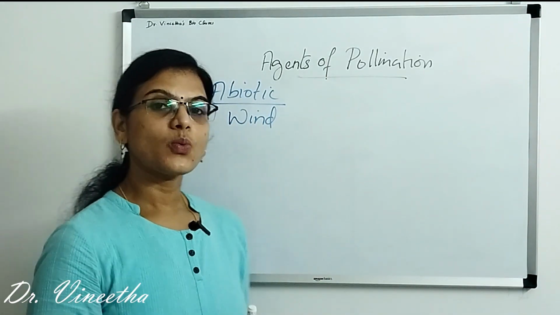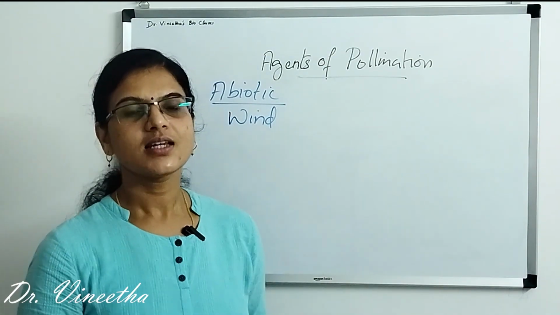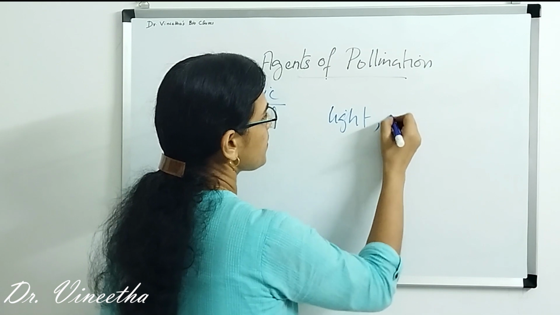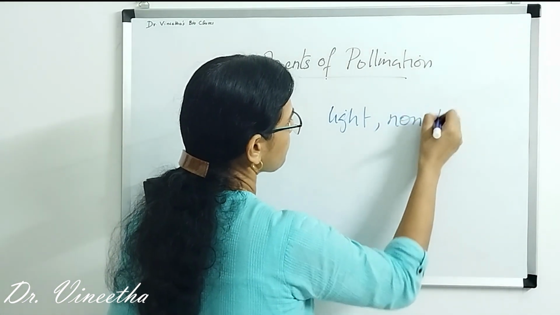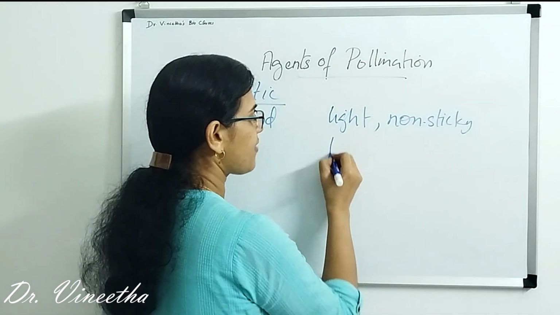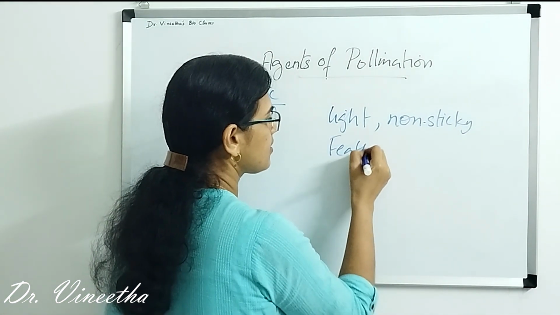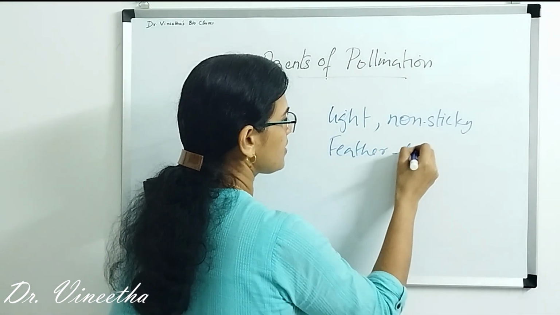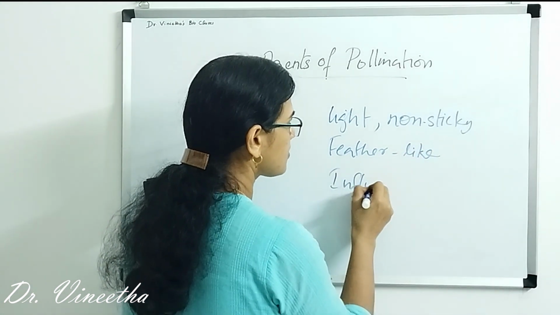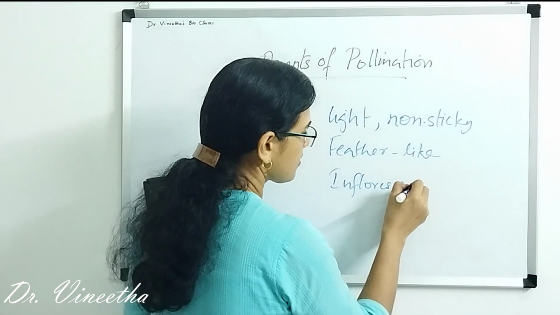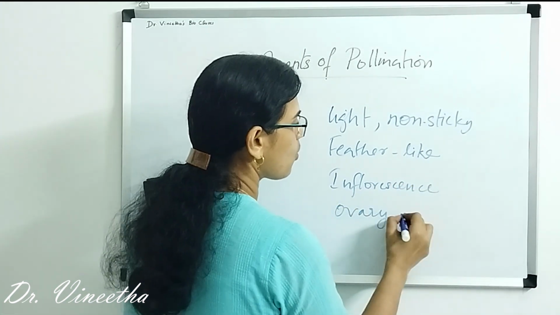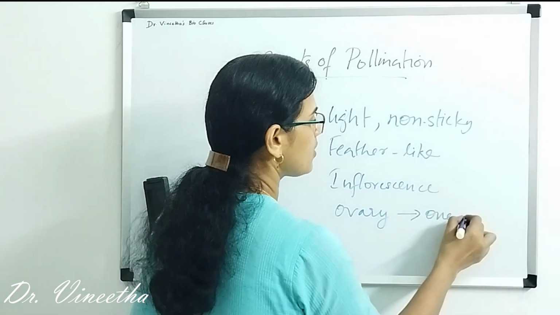So the wind-pollinated flowers: the pollen should be lightweight and non-sticky, the stigma will be feather-like, it will have an inflorescence, and the ovary will have only one ovule.